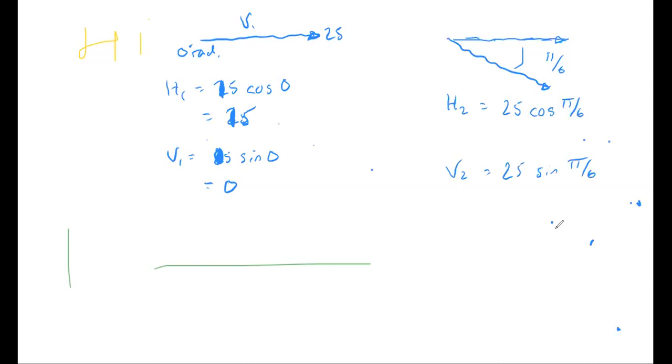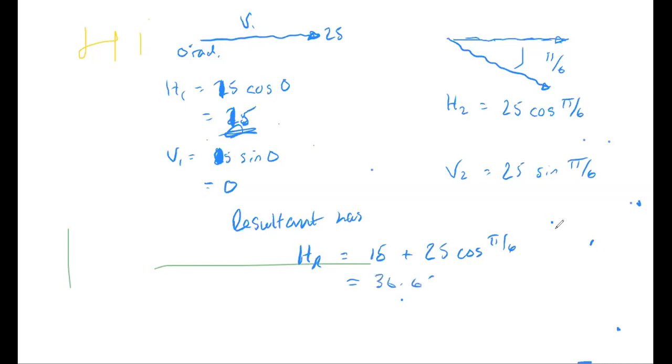So therefore, the horizontal resultant is equal to 15, that's over here, plus 25 cosine of pi over 6, and that is 36.65 volts.